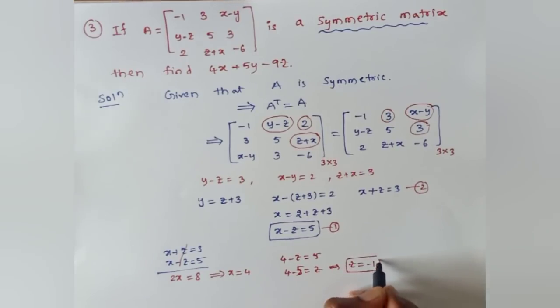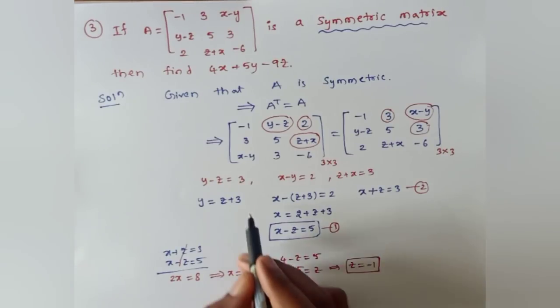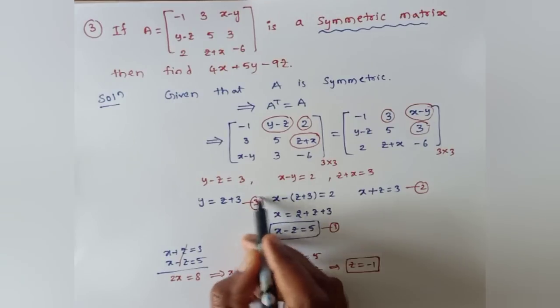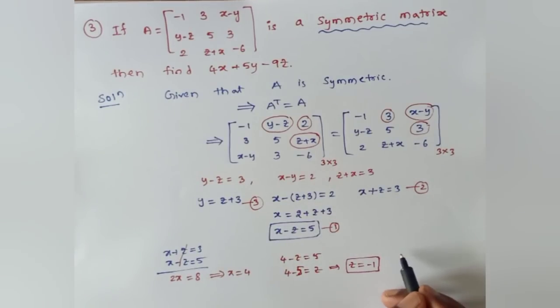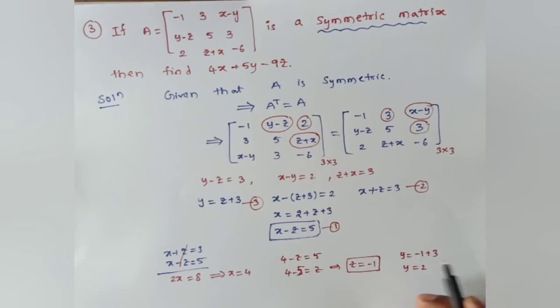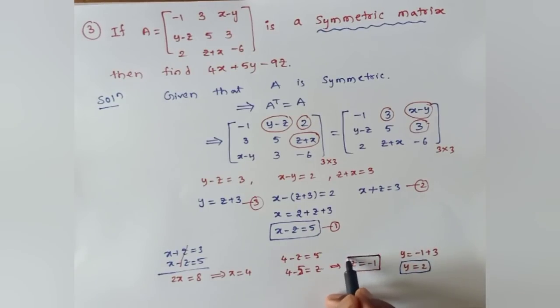Similarly, substitute z equal to minus 1 in equation 3, so y equals minus 1 plus 3, so y equals 2. So we have the three values: y equals 2, z equals minus 1 and x equals 4.